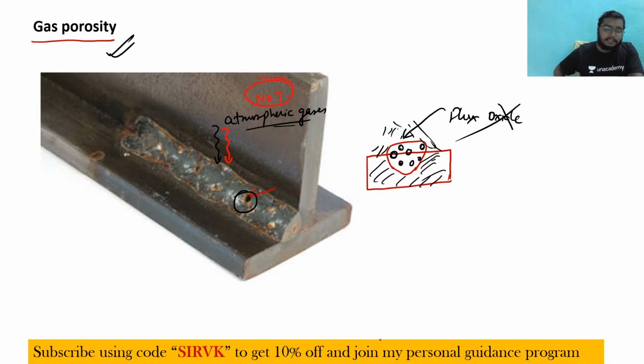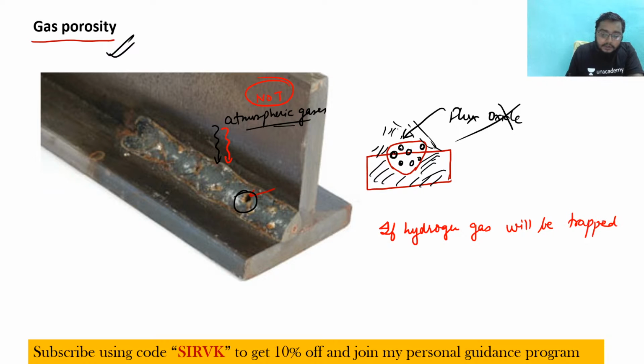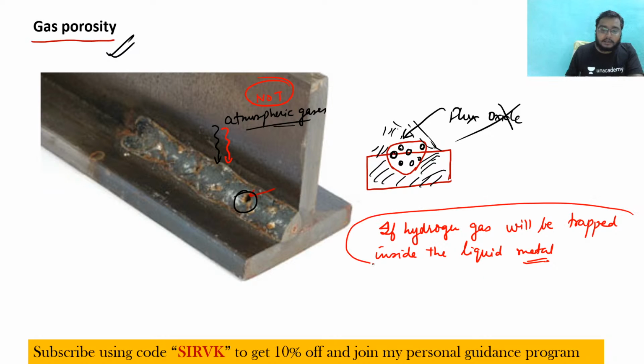Now understand, there is one more concept that I should give to you: if hydrogen gas is trapped inside the liquid metal, like this, suppose in this we have seen the atmospheric gases are there.